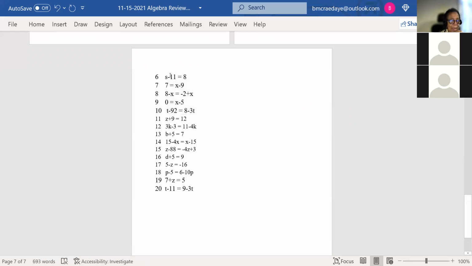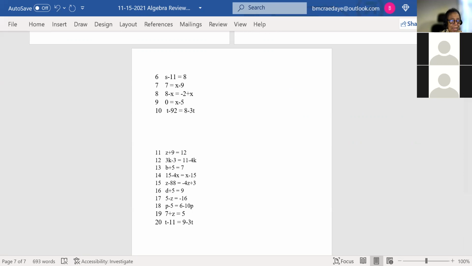Number 6 is S minus 11 equals 8. Number 7 is 7 equals X minus 9. So you're looking for X. This one has 8 minus X equals minus 2 plus X. You're looking for X.